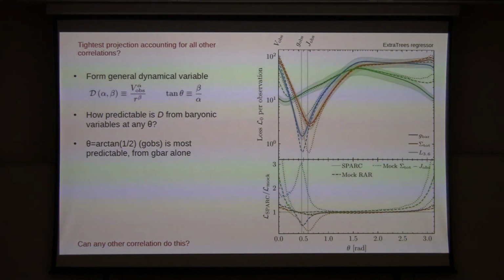Also, the predictivity of gbar peaks at exactly gobs, as you would expect from these correlations being generated entirely by the RAR.